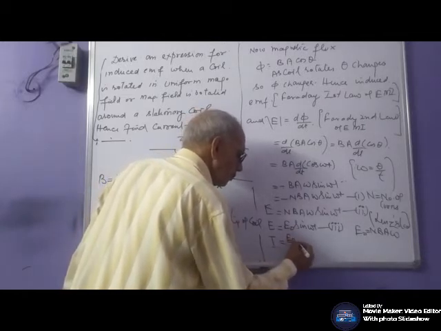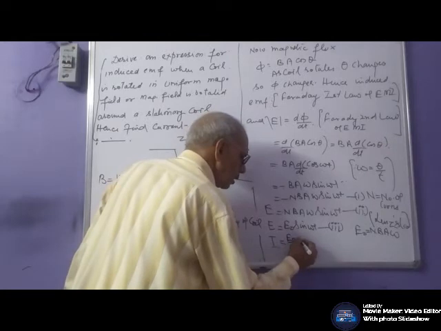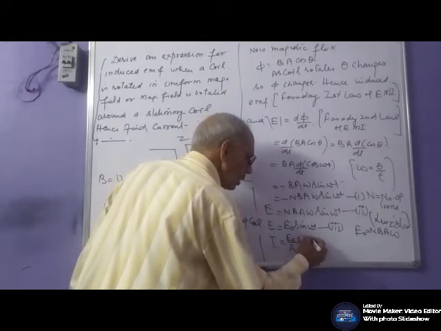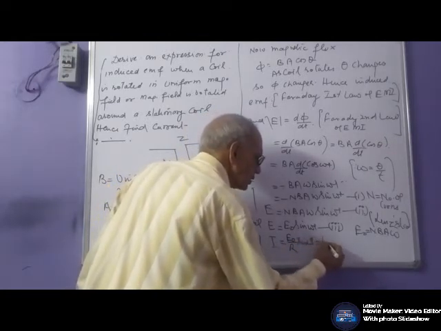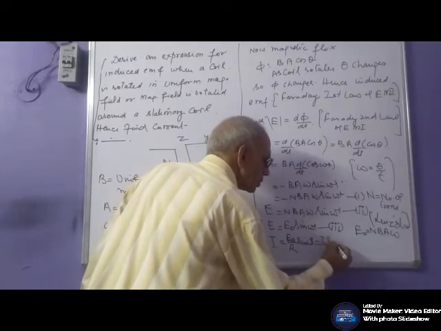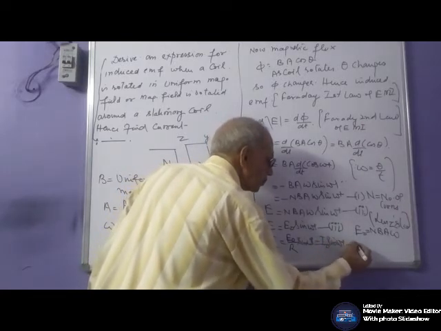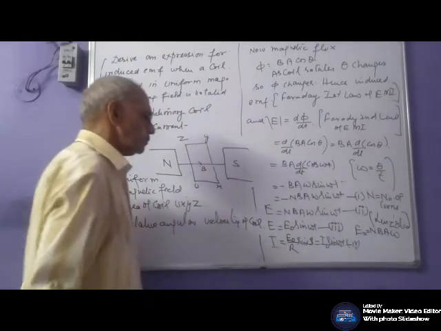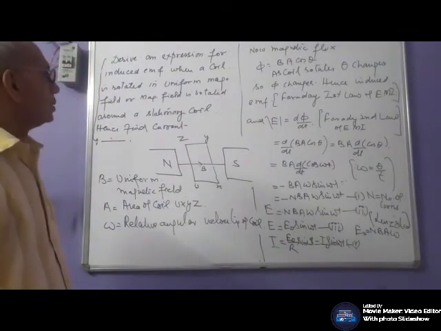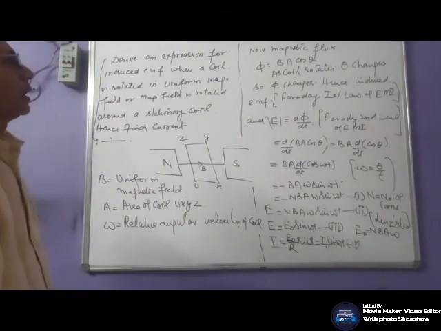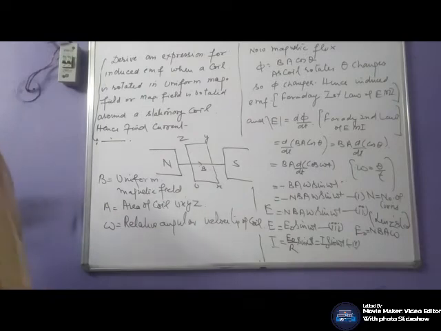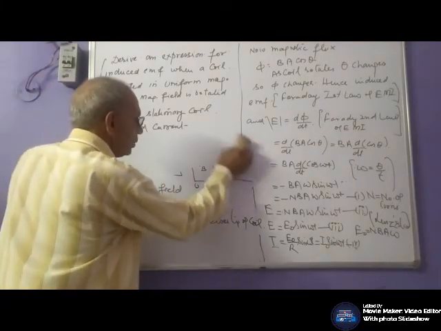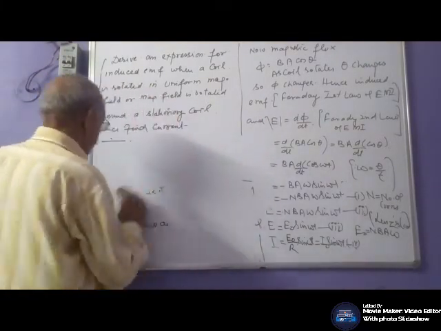E naught by R sin omega t, or it is I naught sin omega t. So this is the expression for induced EMF when there is relative velocity between magnetic field and coil when coil rotates.